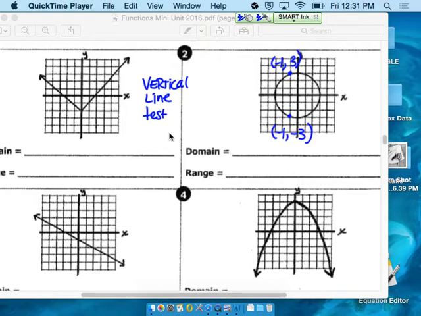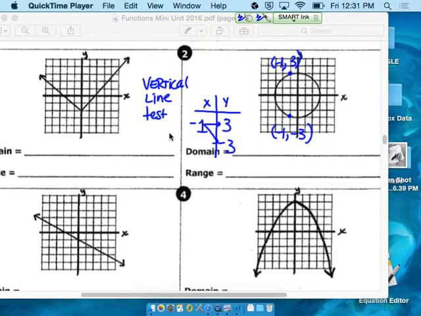Let's go back and think about the things that we've already studied this week regarding functions. If I have x values and y values, and I have an x value of -1 and y values of +3 and -3, I can map this x value to 2 different y values, which already tells me that it's not a function.